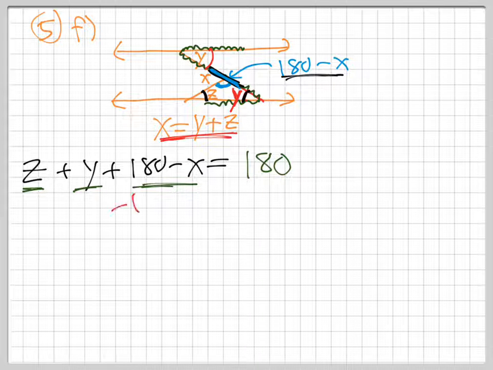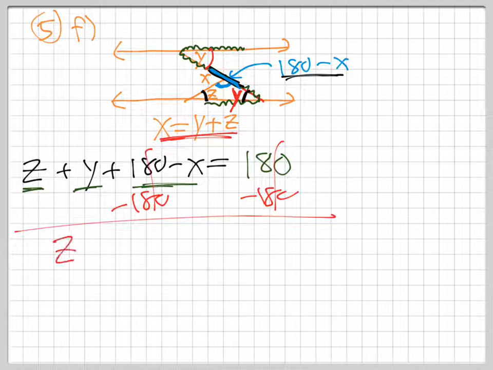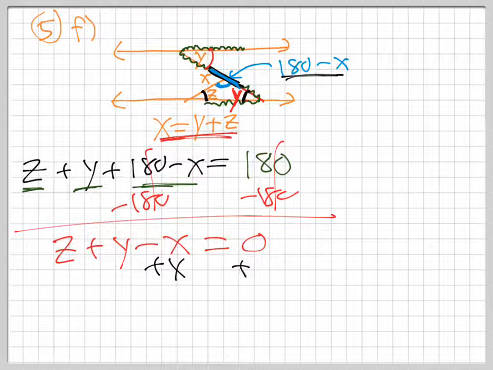What do I get in this little equation? Well, I can get rid of the 180 from both sides, right? Gone. And I get z plus y minus x is not 180, but 0. There's nothing over there now, right? And now, can I get x alone? You just add the x over to the other side.